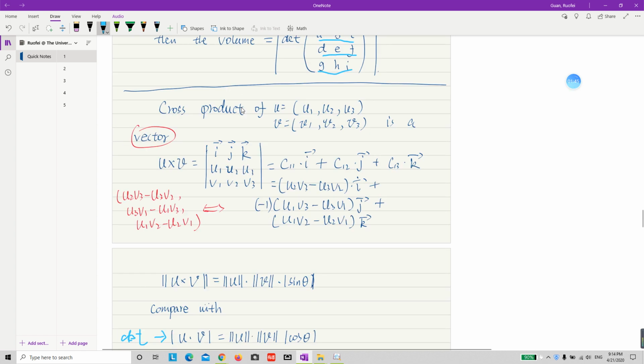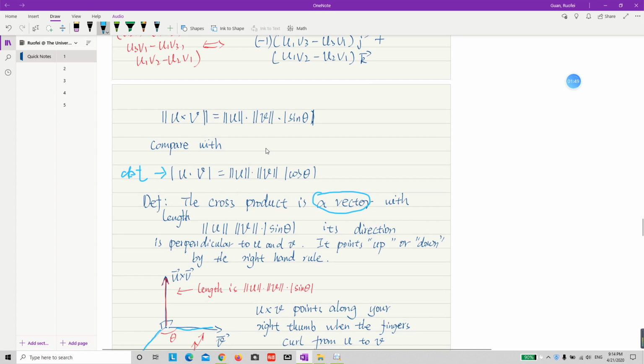Okay, and here we introduce a new definition. It's called the cross product. The cross product is a vector. Be careful with this: it's a vector, not a scalar. The dot product is a scalar, but the cross product is a vector.